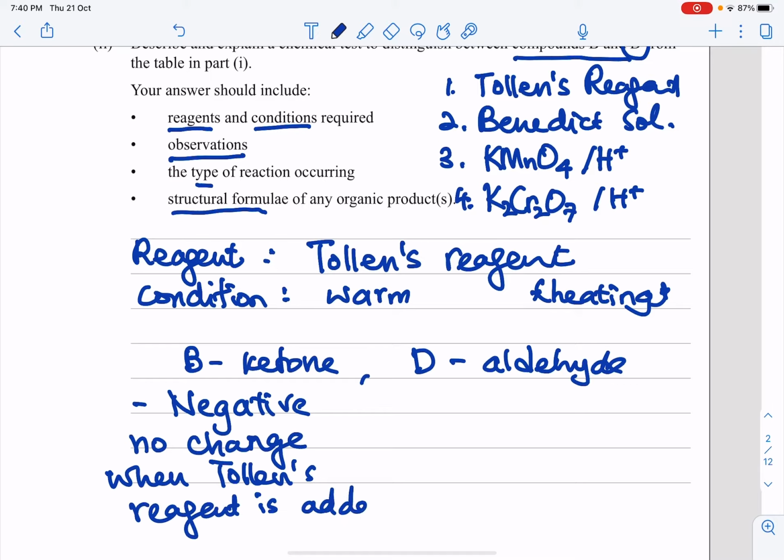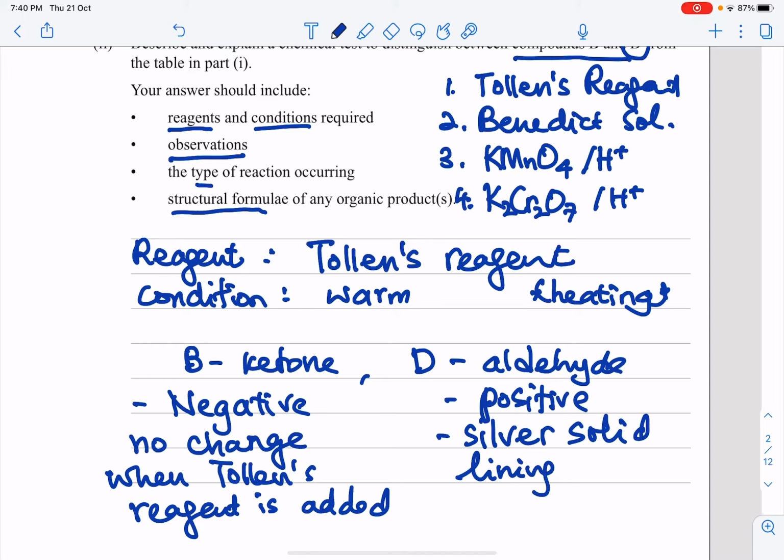And for D, definitely we'll get a positive test. A positive test in this case, we need to address that it will form a silver solid along the lining of the test tube.